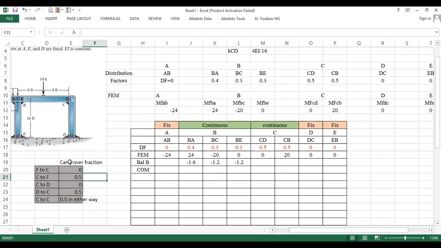Carrying over fraction: fixed to continuous, you don't give anything. Continuous to fixed, you should give half. Discontinuous to discontinuous, you don't give anything. Discontinuous to continuous, you should give half.